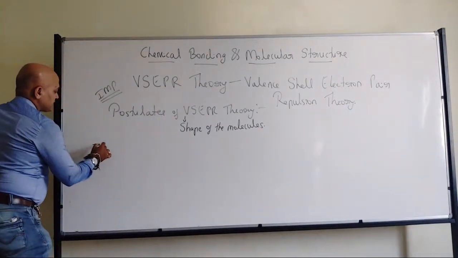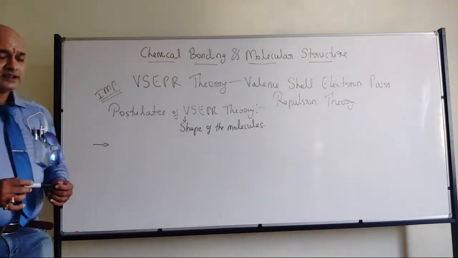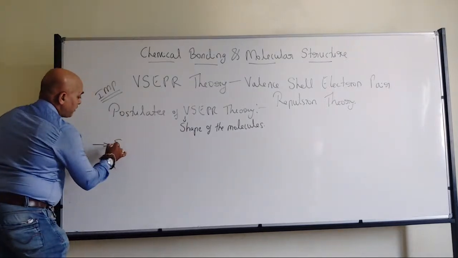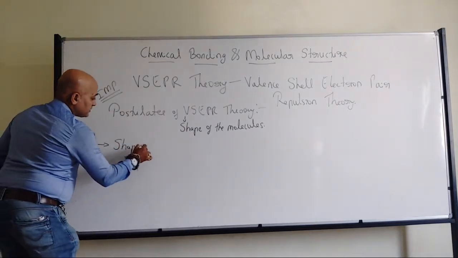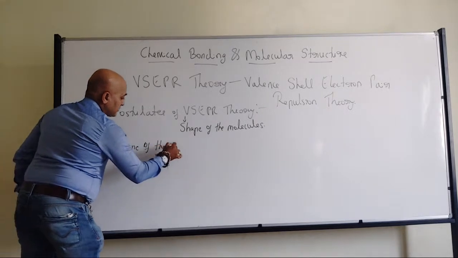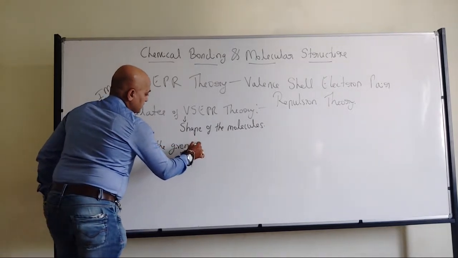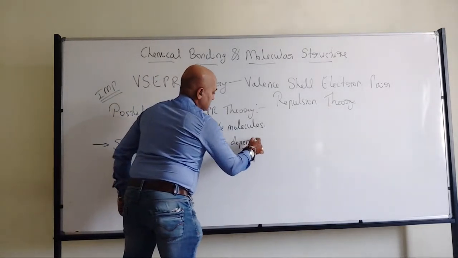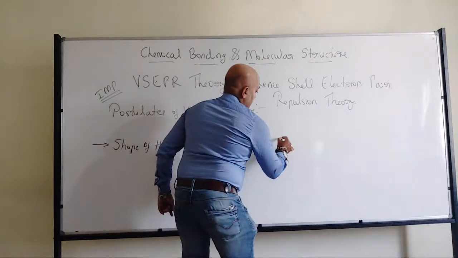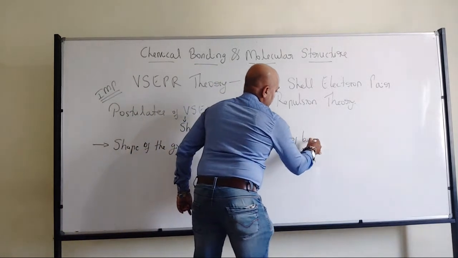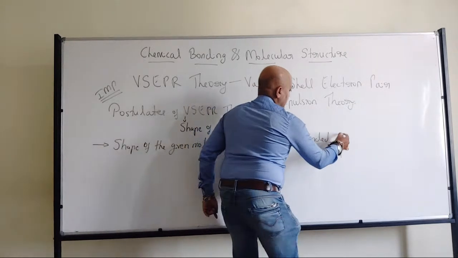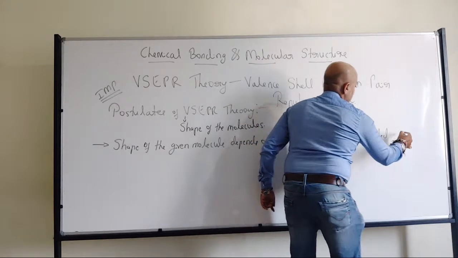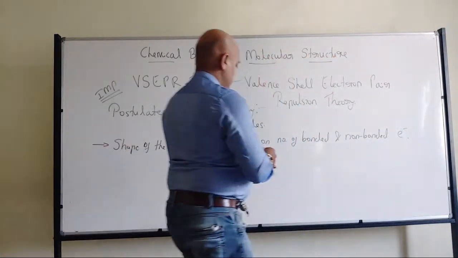First postulate related to VSEPR theory. The first postulate tells that the shape of the given molecule depends on the number of bonded and non-bonded electrons.